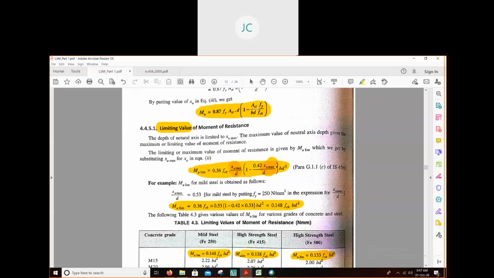Now, if you are given an example where you are using mild steel and you have to find the limiting value of moment of resistance, if you use this equation directly, you have to find XU max, you have to find D, then you have to put the value of FCK. Then only you will get the limiting moment of resistance. But there is a simpler way to find the limiting moment of resistance, by putting the value of XU max by D directly from IS 456.